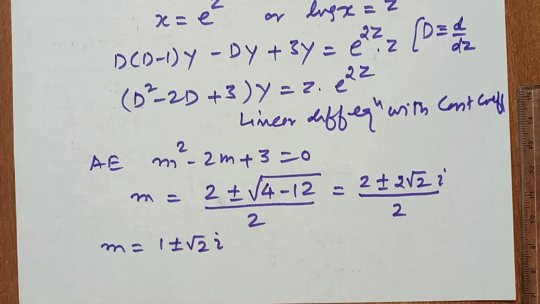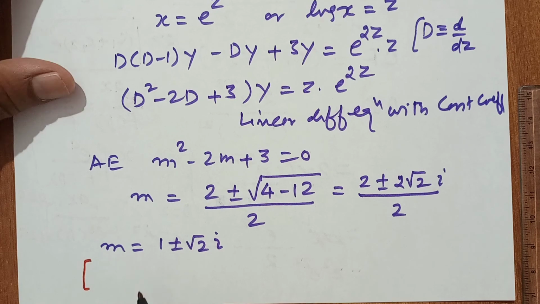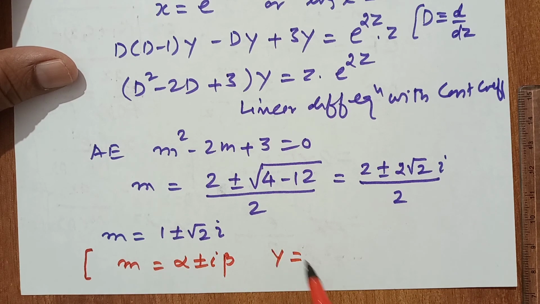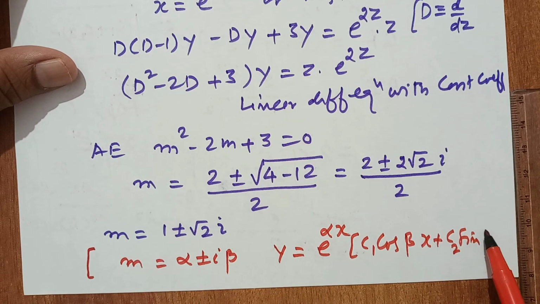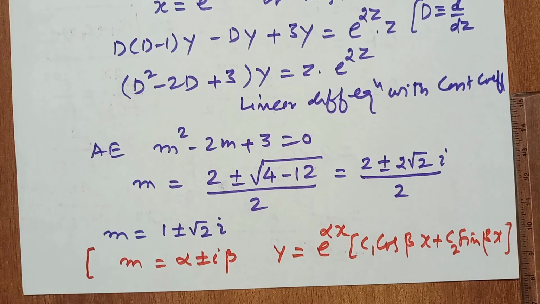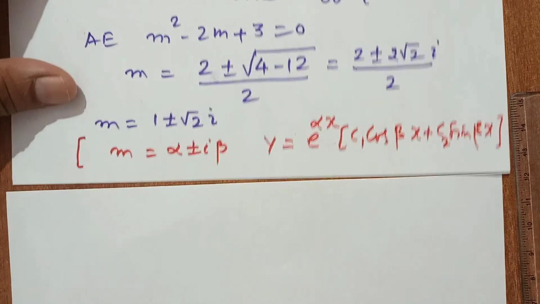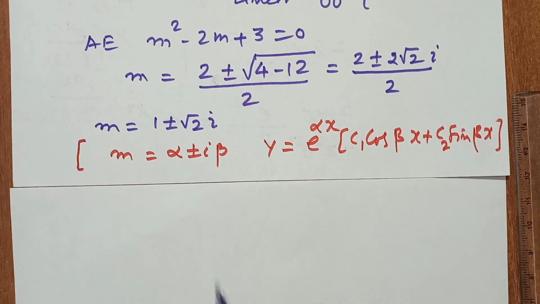As we know, when roots are imaginary, meaning if the roots are m = α ± iβ, then the solution is y = e^(αx)(c1 cos βx + c2 sin βx). This is the formula for imaginary roots, so we will use it in our given problem.